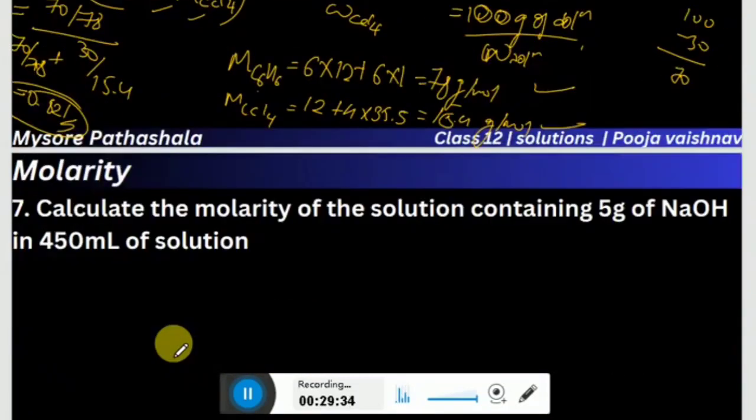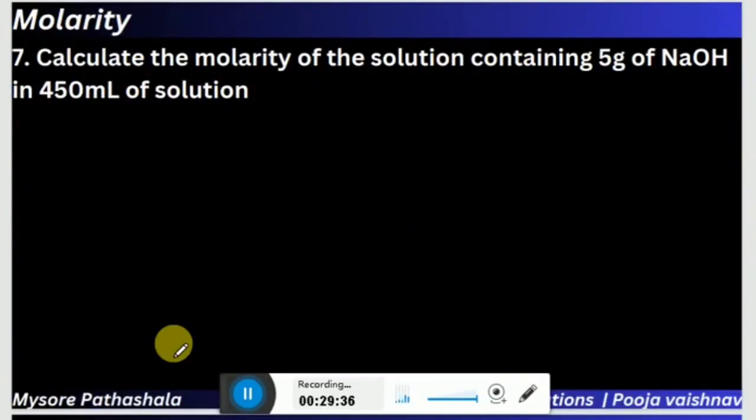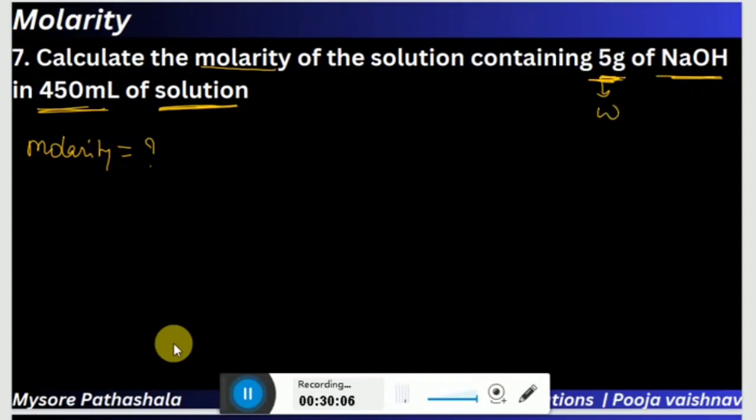So now we will move on to the next problem, molarity. Calculate the molarity of solution containing 5 gram of NaOH in 450 ml of solution. So what do we need to find out here? Molarity. And they have given 5 gram of NaOH in 450 ml of solution. It means 5 grams is the weight of solute, weight of NaOH.